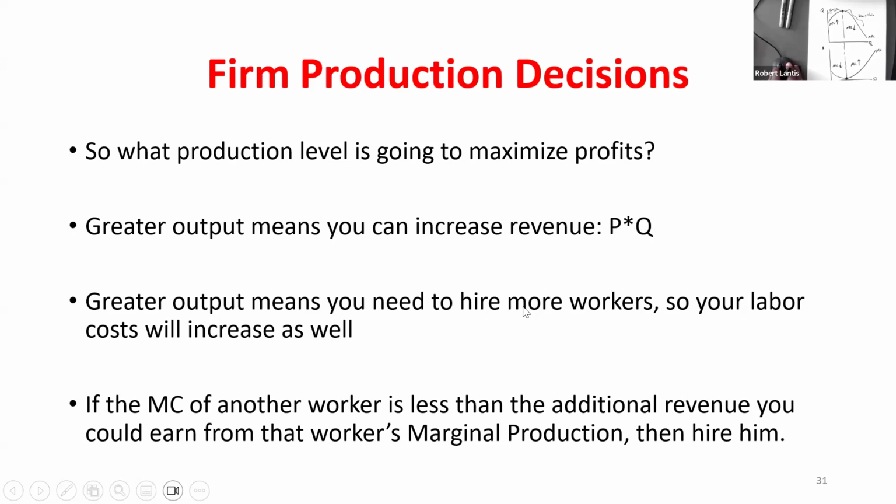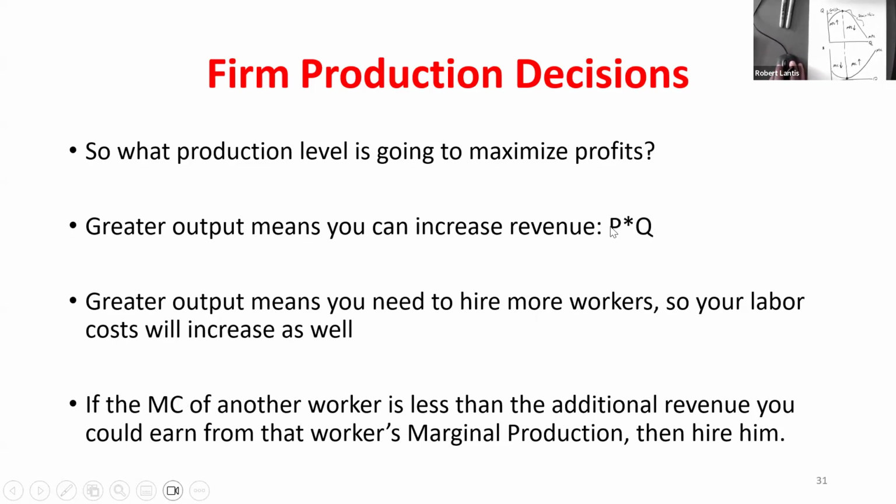Well, I know that as I hire more workers, that's going to increase my costs. And we said eventually, as I hire more workers, what's going to happen to the output added per worker? It's going to start going down. That marginal product of labor is going to go down, which we said does what to my marginal costs? Increases them. So eventually, producing more will start to increase my marginal costs, right?